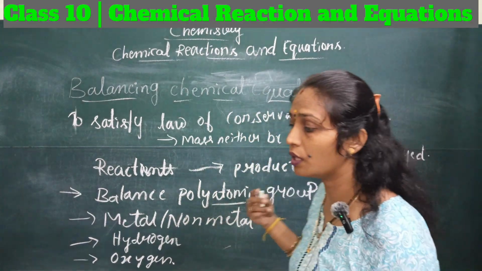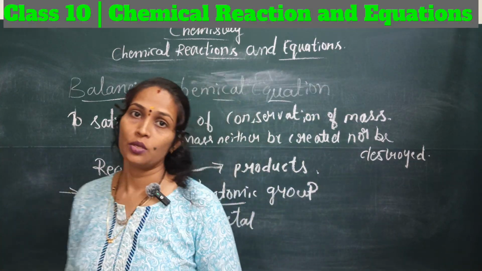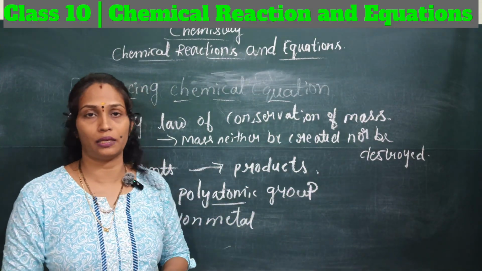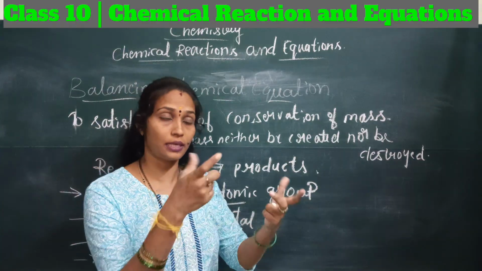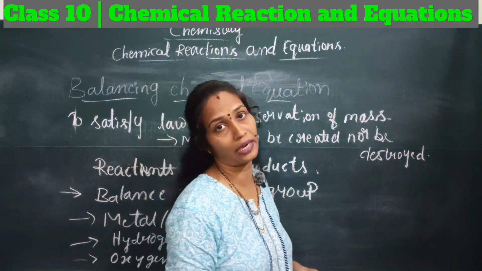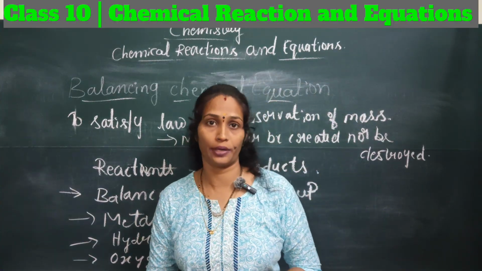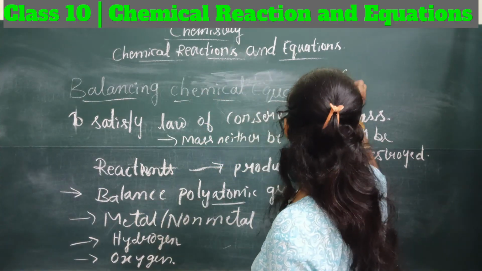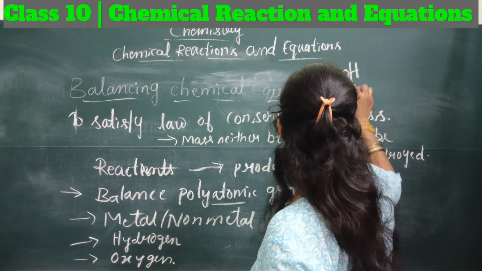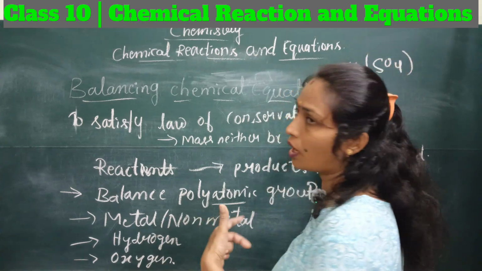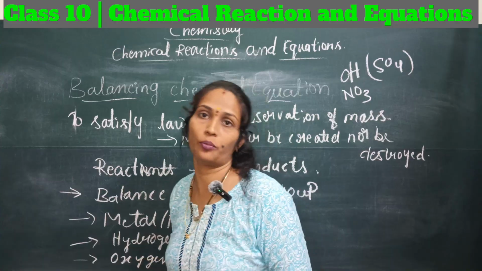Polyatomic group means more than one atom combined. What we taught you in 9th standard, nitrates, sulfates, those are already in a balanced way. So this OH, this NO3, this SO4, these are all called polyatomic groups.